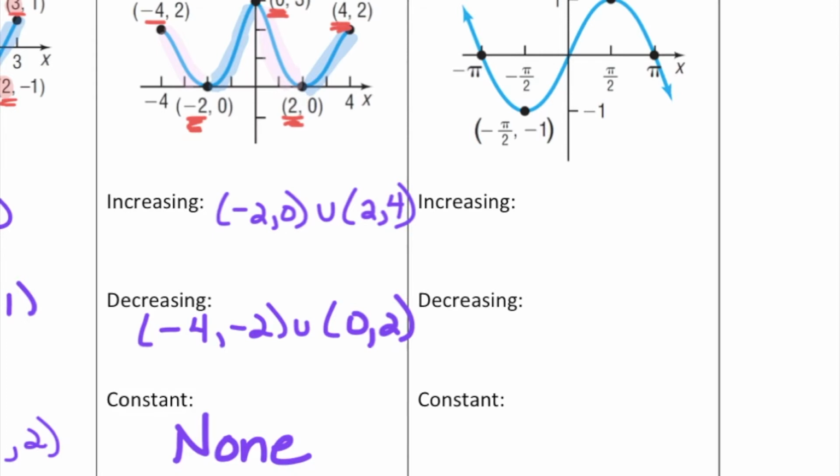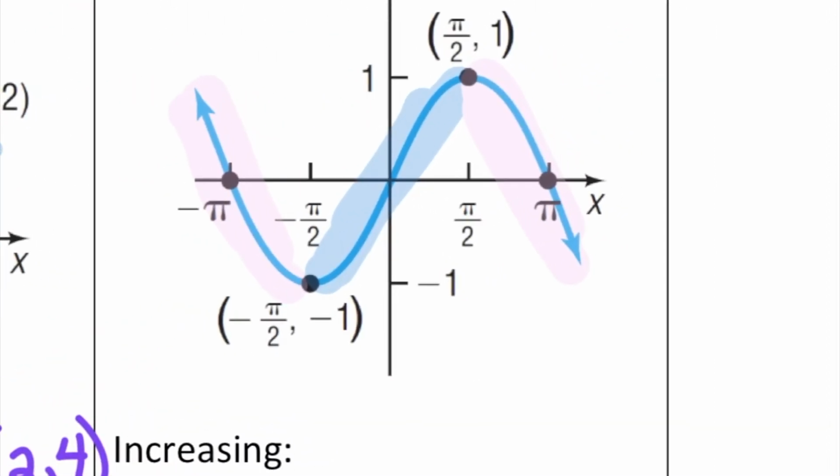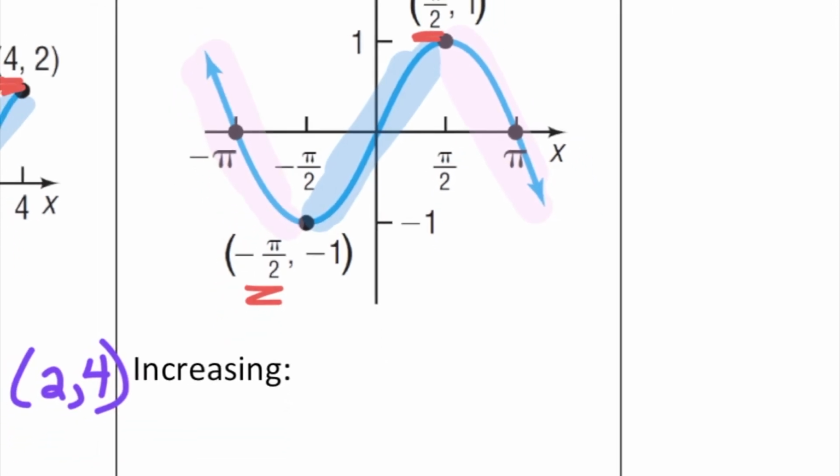In this next graph, I see a decreasing interval here, I see an increasing interval here, and then that last interval is also decreasing. Now your x values are going to have some pi's in them. Again, don't worry, I'm not going to put something like that on your test. There's really only two x values you have to worry about here because the rest of them are infinity.